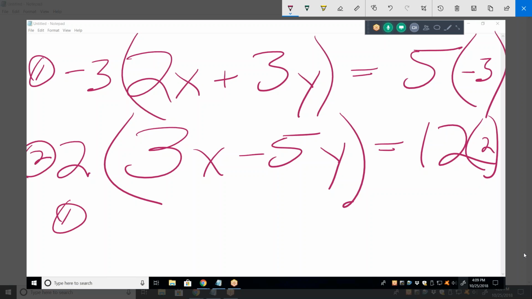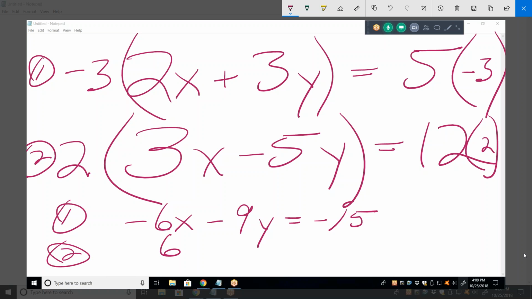My new equation 1: I'm going to multiply the left and the right side by minus 3. 6x minus 9y equals negative 15. Now do the second one.